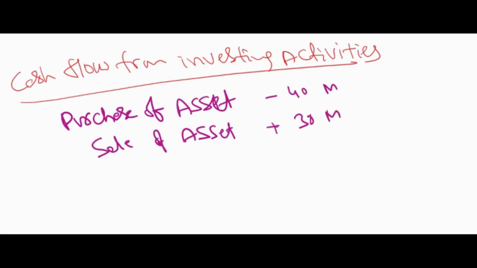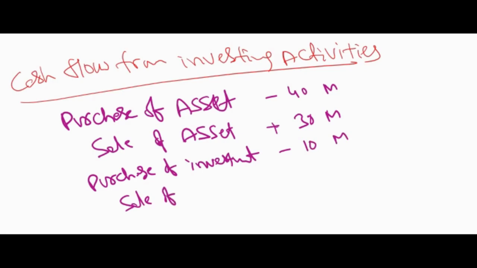Similarly, you can add any investment. If it is purchase of investment, it should be negative, let's say 10 million. And similarly, sale of investment.